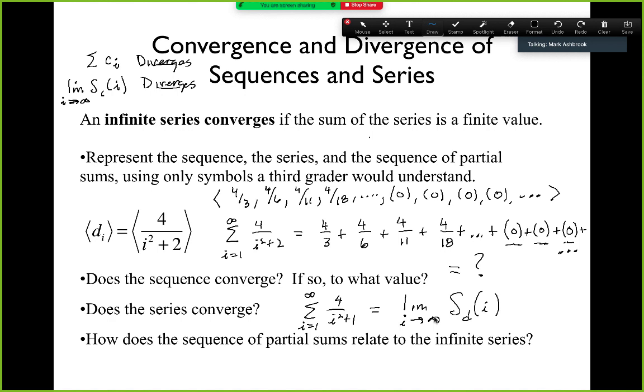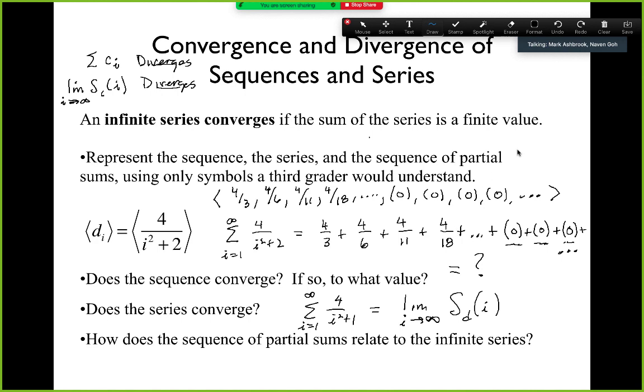Let's take a look. I've got a GeoGebra file to analyze all this and figure out what's going on. So now we think that this one's going to converge because, since the sequence converges to 0, in the end we're just adding on values so small that this will add up to a finite value, rather than just going off. In the previous one we just added 3 every time.